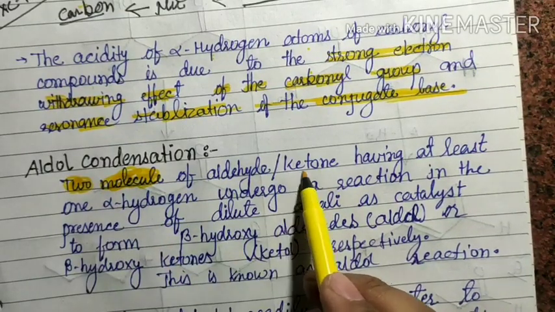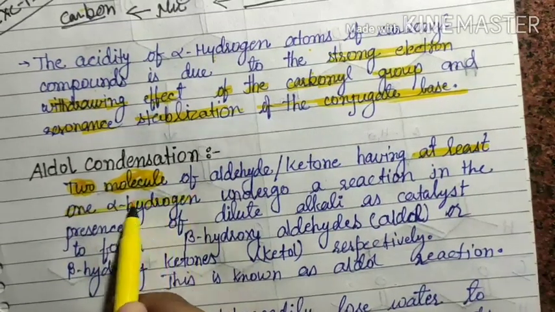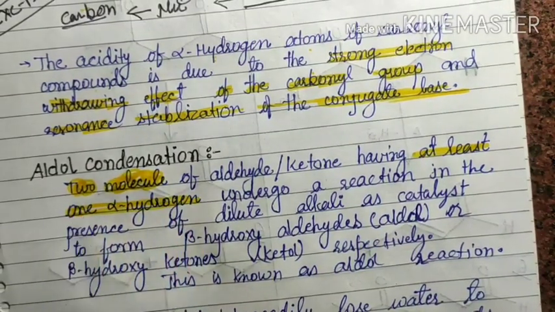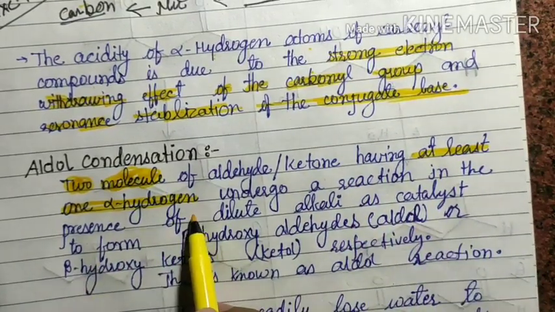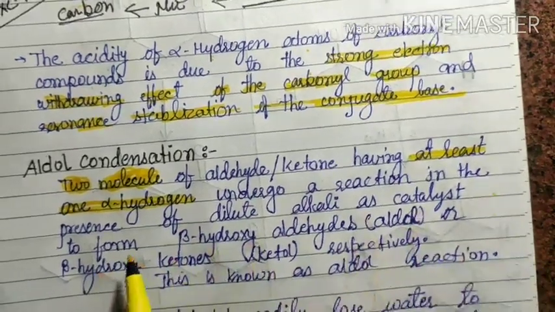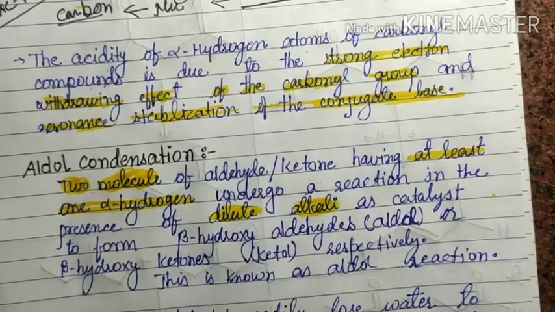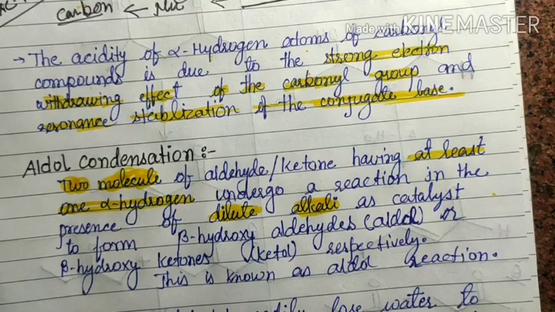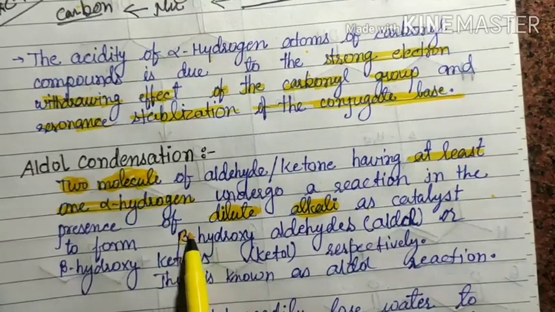Two molecules of aldehyde or ketone having at least one alpha hydrogen, minimum one alpha hydrogen, undergo a reaction in the presence of dilute alkali as a catalyst to form, what is formed?